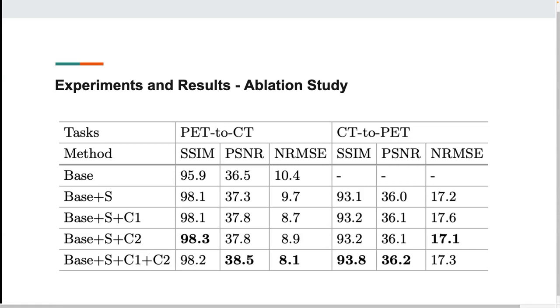Quickly explaining, Base denotes using only supervision loss in the main task, and S denotes using the secondary task to help the main task. C1 denotes the image domain cycle consistency loss and the cross-domain cycle, and C2 denotes the cross-domain cycle consistency loss in stage 2. You can see that Base plus S plus C1 plus C2 achieved a lot of good results.